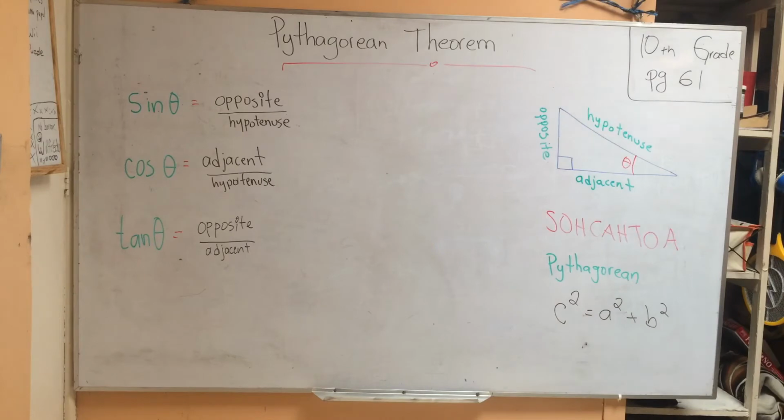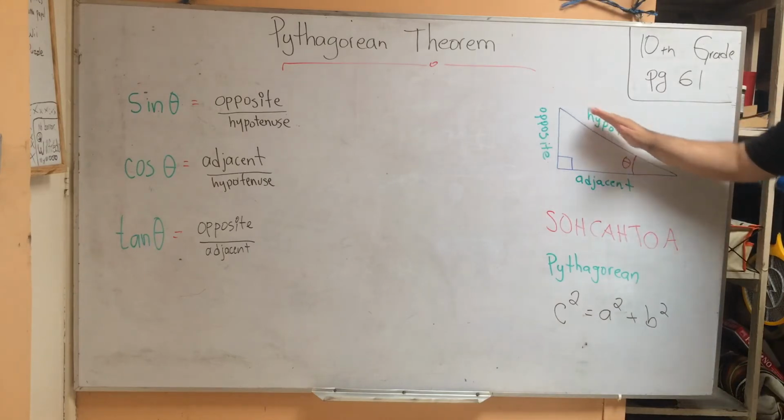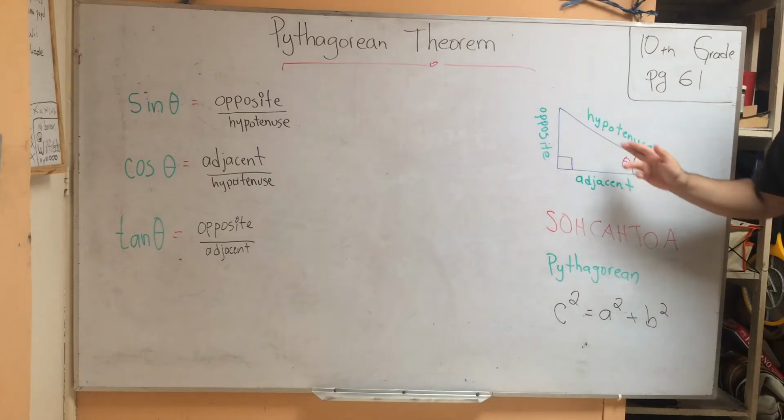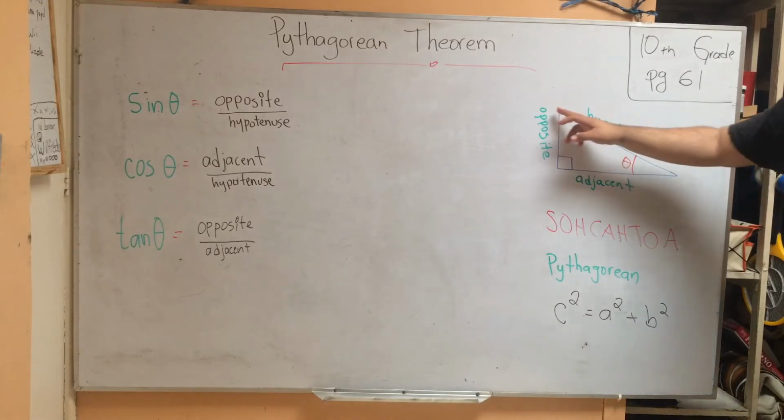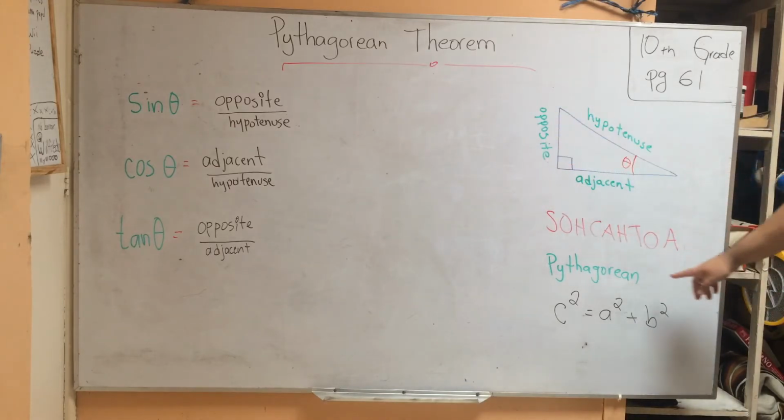Now, we're going to use two different ways of talking about the measurement of the sides and the measurements of the angles. When we're talking about the measurement of the sides, we're going to use the Pythagorean theorem, which is technically our topic.